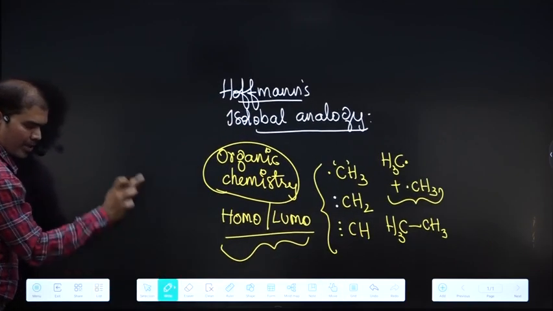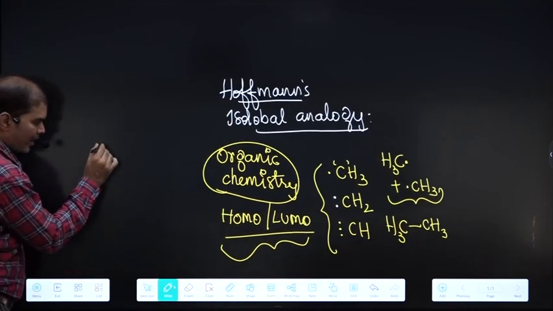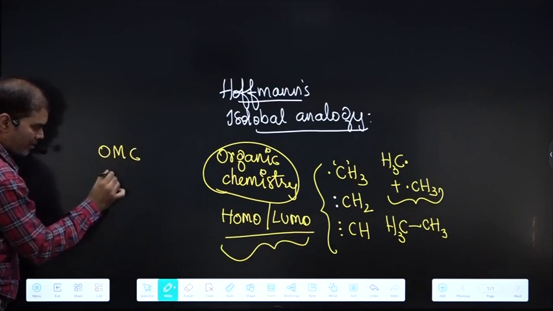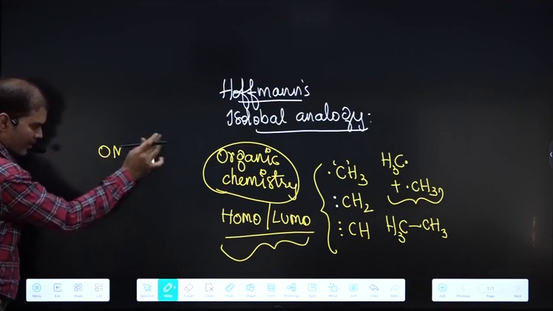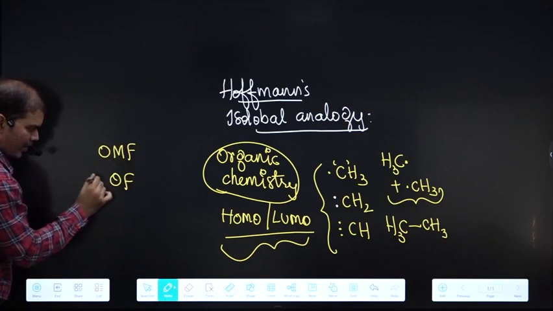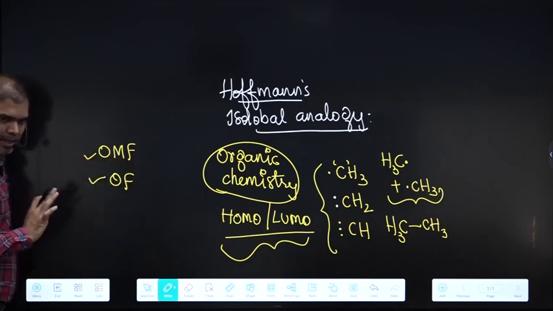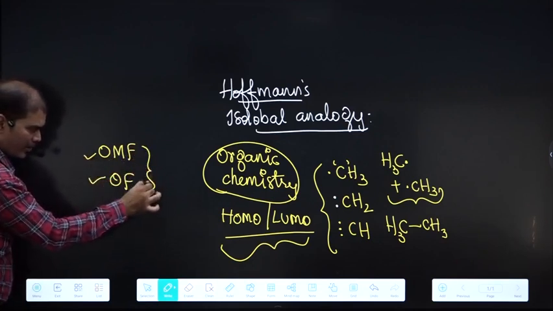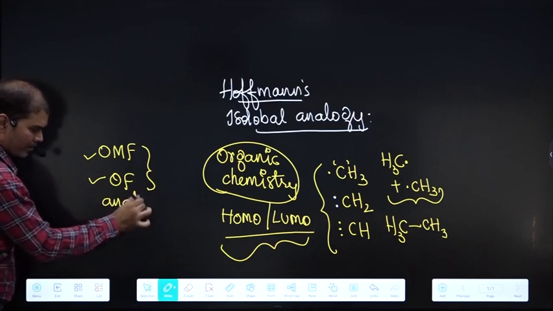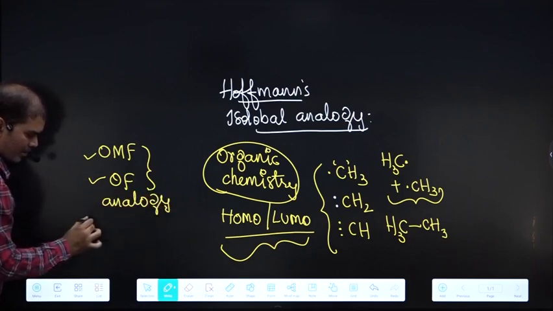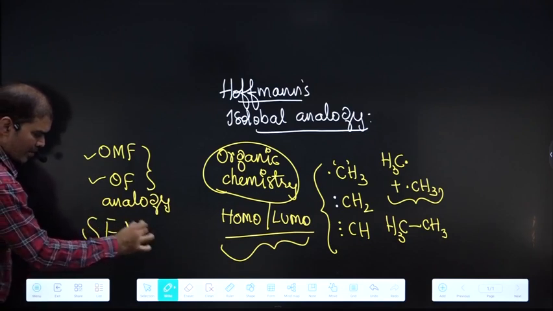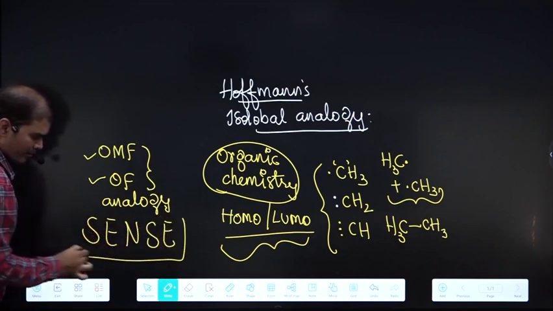Suppose I am taking an organic fragment like methyl, and later an organometallic fragment. Between these two, he has brought an analogy. What is that analogy? For your logical purpose, you just remember it as sense.